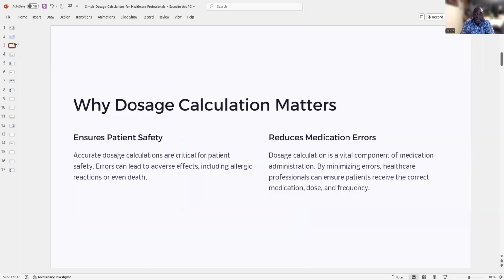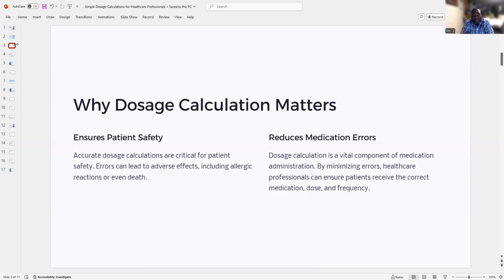As I said earlier, you have to ensure patient safety. If the doctor prescribes Tylenol 650 milligram, and what is available to you is Tylenol 325 milligram, how would you do that?